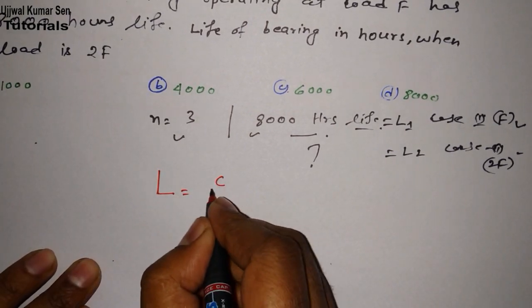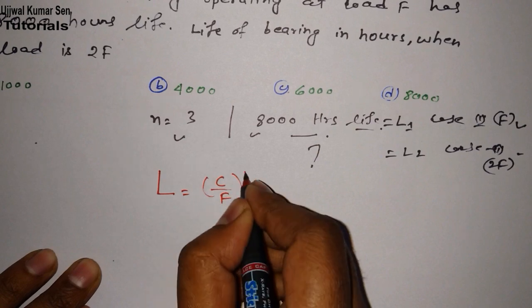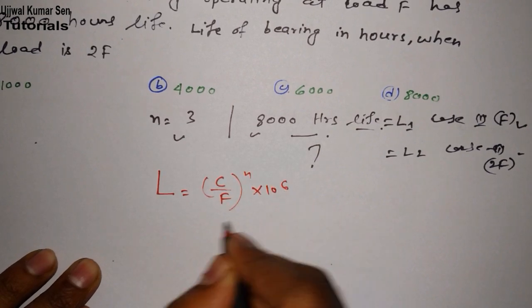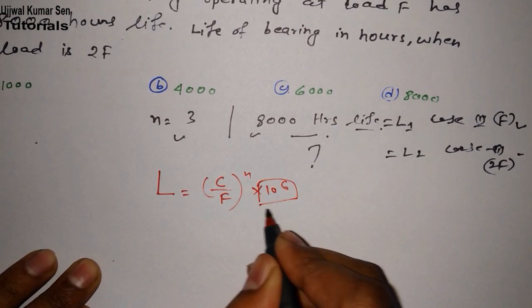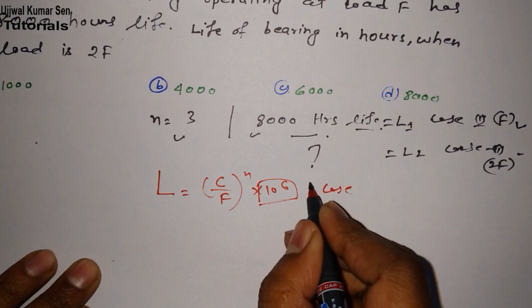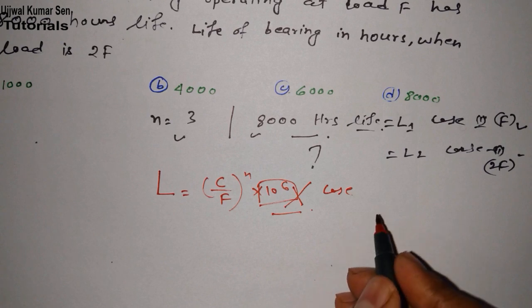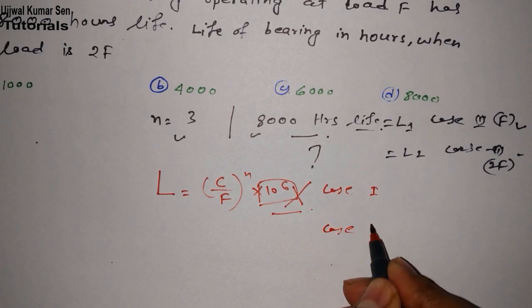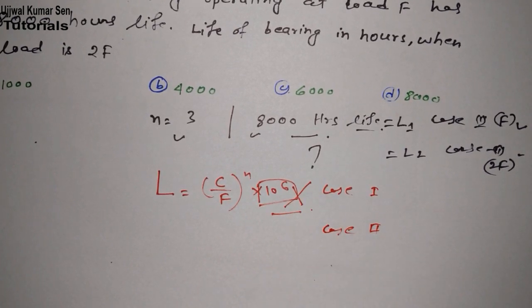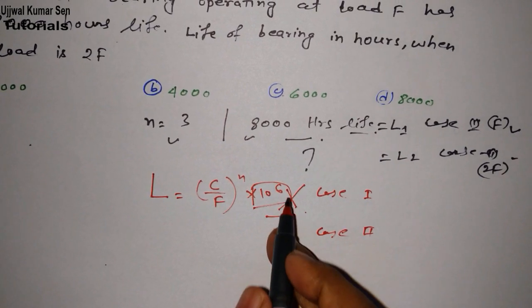L is equal to (C by F) to the power n multiplied by 10 to the power 6. We have 2 cases, so I will not consider this 10 to the power 6 in either case. In this way the calculation will decrease. That's why I'm not considering 10 to the power 6.